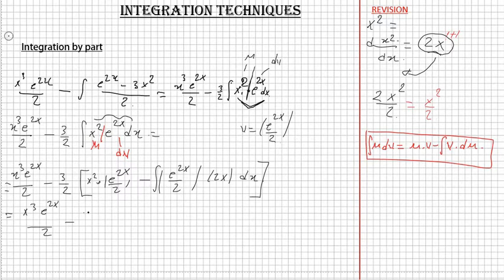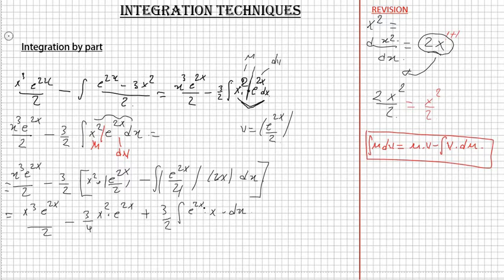So I'm gonna have 3/4 x² e^(2x), and then here I'm gonna have plus 3, so these two can cancel, so I'm gonna only remain with 3/2, and then I have the integration sign, so I have to integrate again e^(2x) multiplied by x dx.